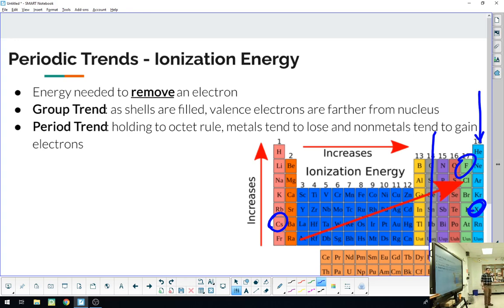So hopefully now we can understand why a lot of things in the world that prefer to get rid of electrons, like sodium, and prefer to get electrons, like chlorine, you find in everyday life. What's sodium and chlorine put together? Sodium chloride. I'm going to bet some of you had it for breakfast this morning, especially if you had eggs or hash browns.